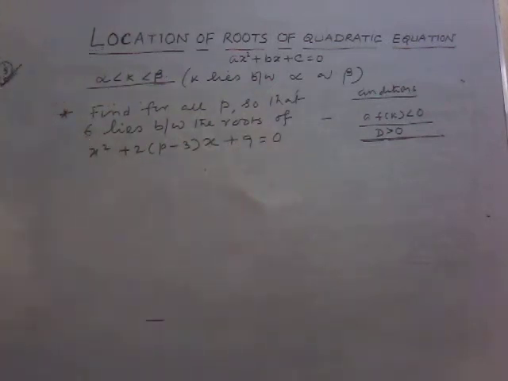So x square plus 2 into p minus 3 into x plus 9 greater than equals to 0.